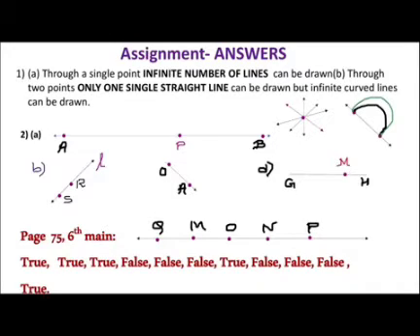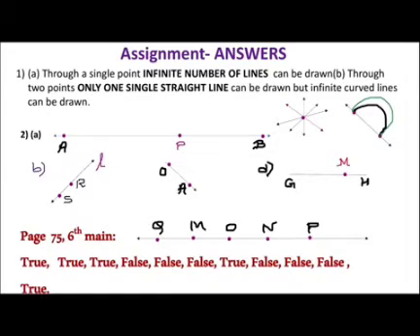Next, M, O, N are points on the line segment MN. So where is the line segment starting at M and ending at N? On that line segment MN, we have M, O and N as the points, which is true. So the first statement is true. The second statement is also true.